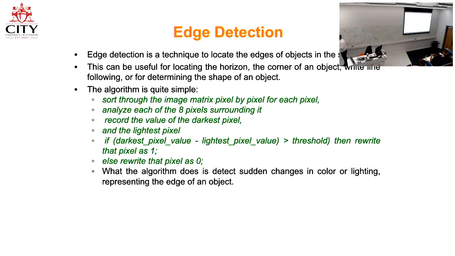Let's make it more reasonable: 10, 20, 30, 40, 50, 60, 70, and another 10. Make this 15. For the areas around it, I find the darkest value is 15, and the lightest is 100. I deduct 100 minus 15 and come up to 85. 85 is more than my threshold, so I say probably there is a border here.